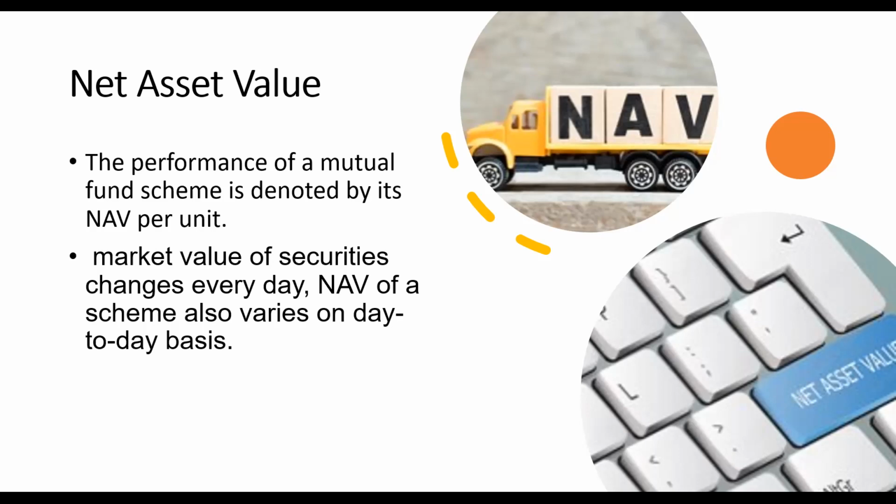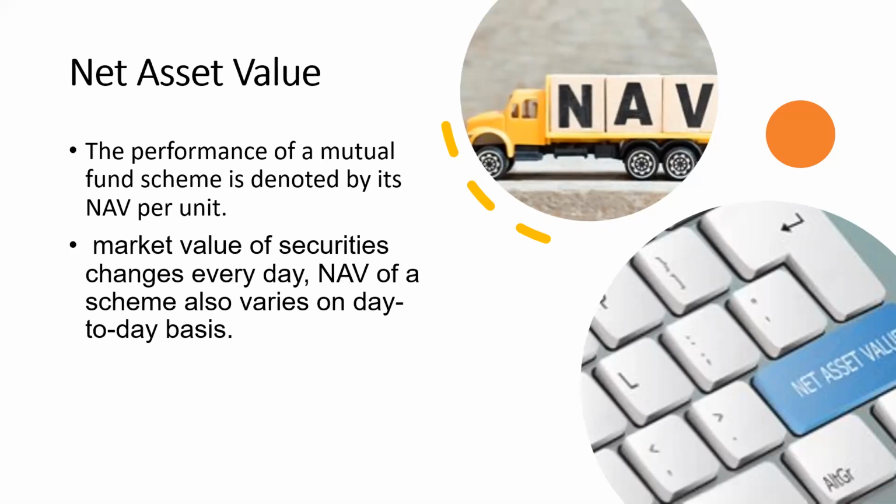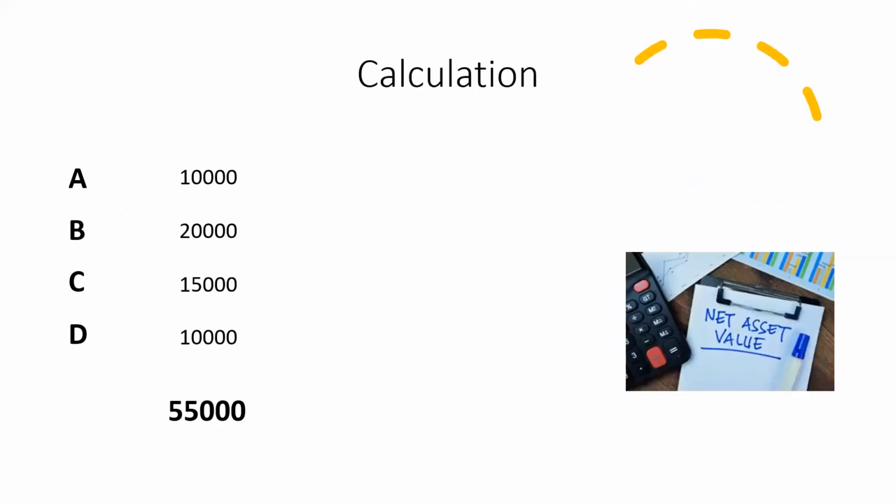Let us try to understand the net asset value concept in a deeper sense with the help of an example on the basis of calculation. Imagine that there is a fund manager who is going to collect money from different parties.